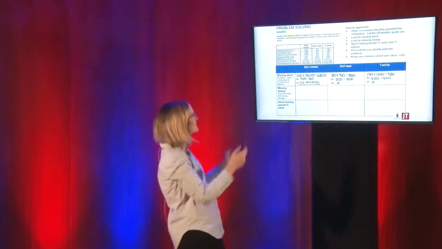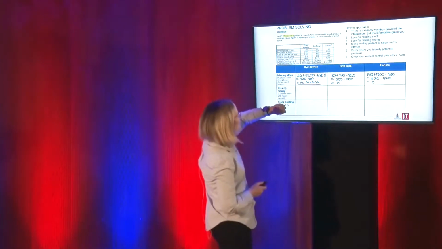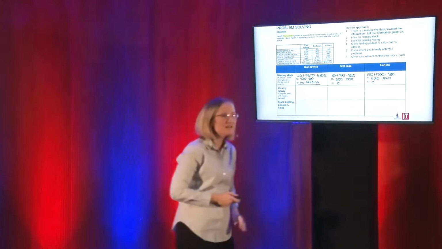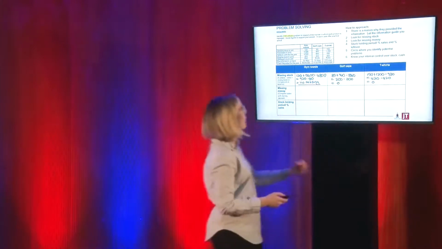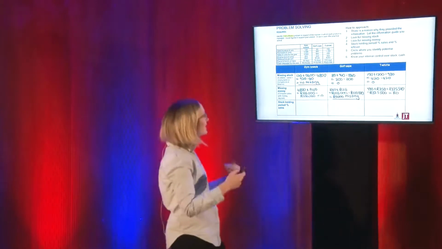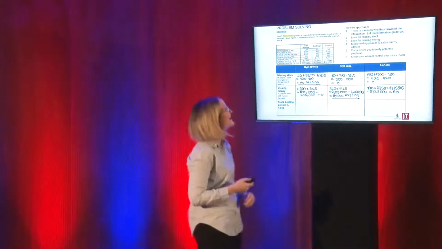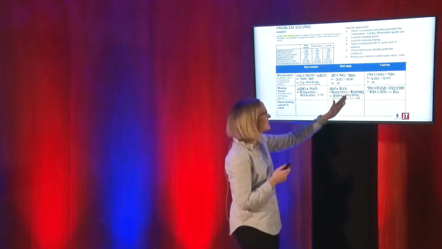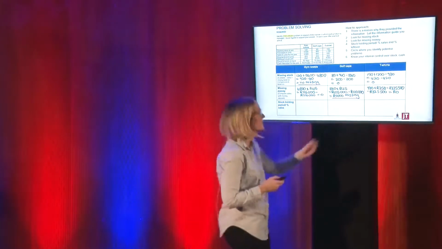To find the missing money, I've got the selling price per unit and the sales in units for the year. So I first need to find my total sales for the year, and then I compare that with the cash deposited. And there you can see there's a problem with the golf caps. There is 5,000 missing. That is a problem.